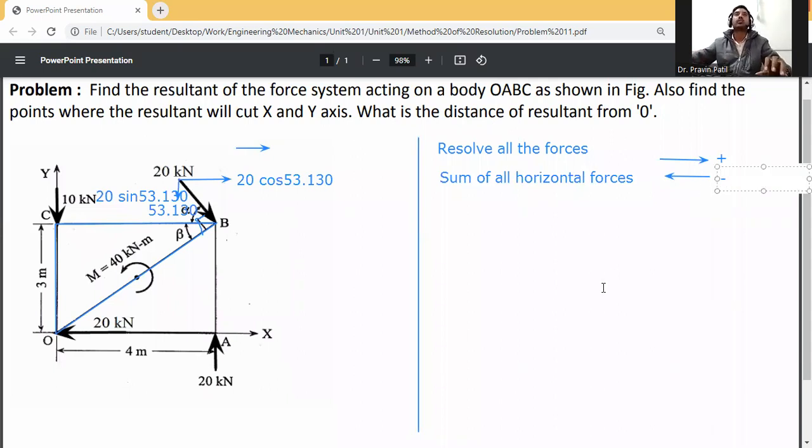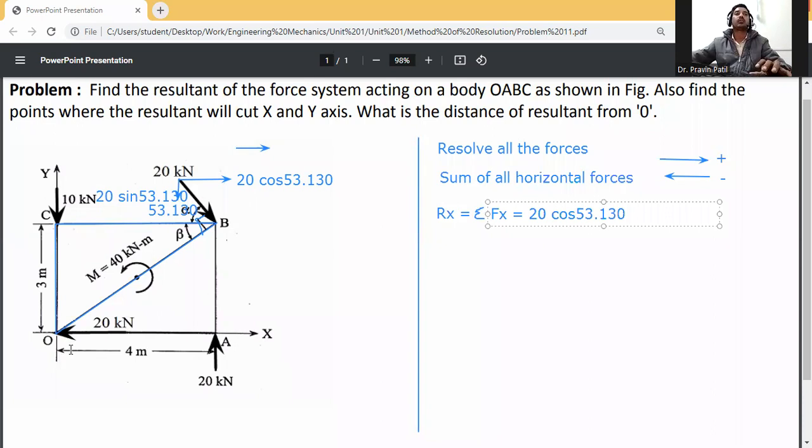So summation Fx, the algebraic sum, which is Rx, is equal to summation of Fx. So 20 cos 53.130 is going right side, so it is positive.